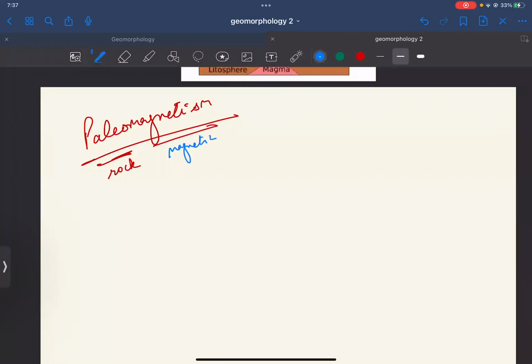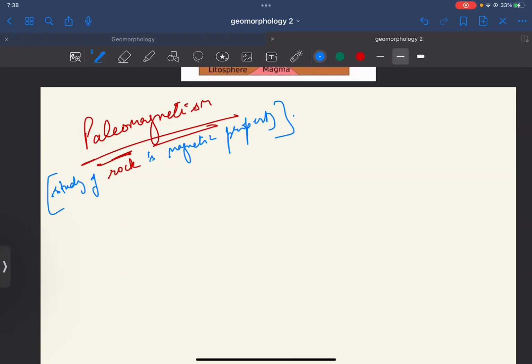So basically, the study of rocks' magnetic property. This is paleomagnetism in simple terms. We don't need to understand the complex definition. We are studying the rocks' magnetic property in order to understand the basic features. Right. So this would be used to explain seafloor spreading and also plate tectonics.